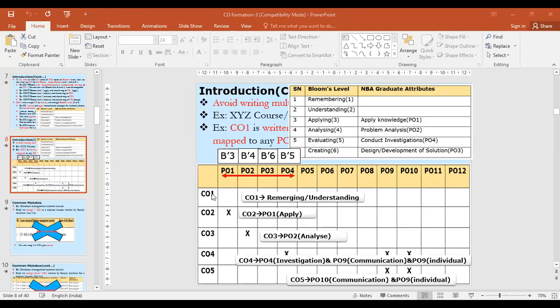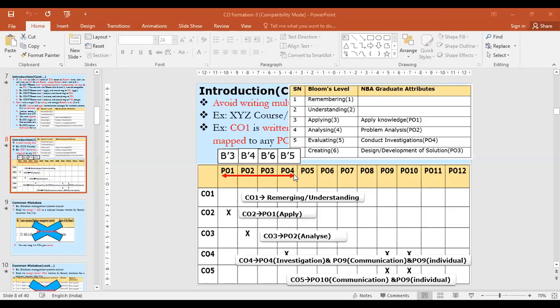For example, if you take CO2, which you have written based on the apply skill, you just focus on only one-to-one up to PO1 to PO4, because it comes from Bloom's level. If any particular CO is already mapped with a higher Bloom's level, then there is no need to map with the lower level.